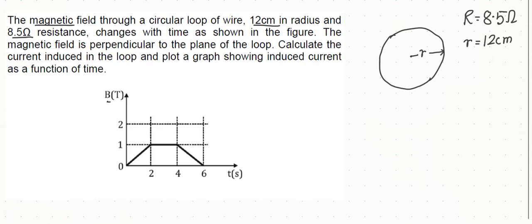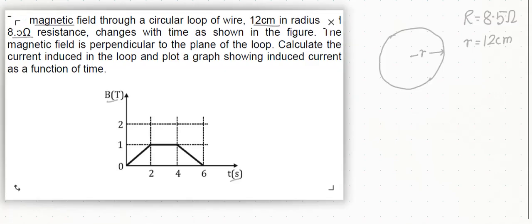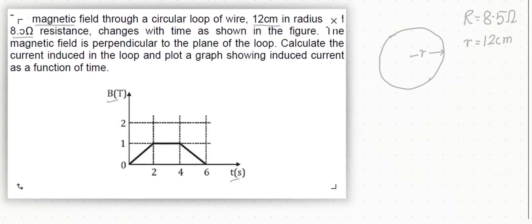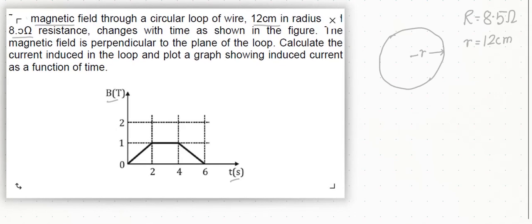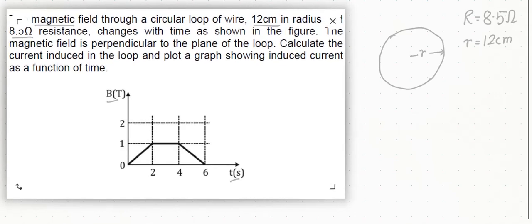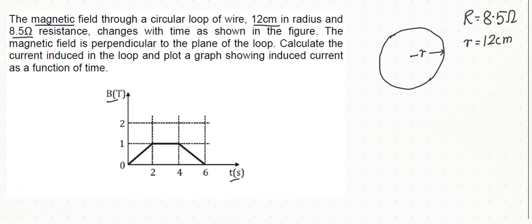So magnetic field is plotted along the y-axis and the time is plotted along the x-axis. When the time increases from 0 to 2, the magnetic field increases from 0 to 1 Tesla. Again, when the time increases from 2 to 4, the magnetic field remains constant at 1.